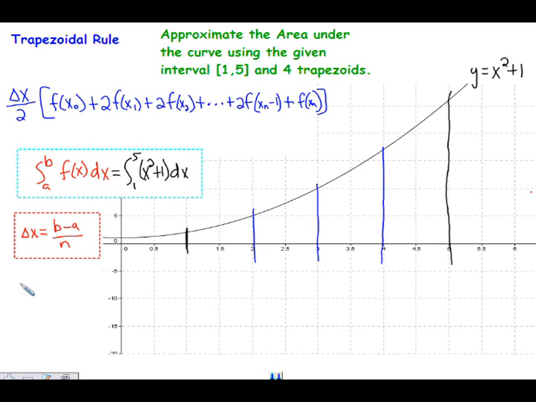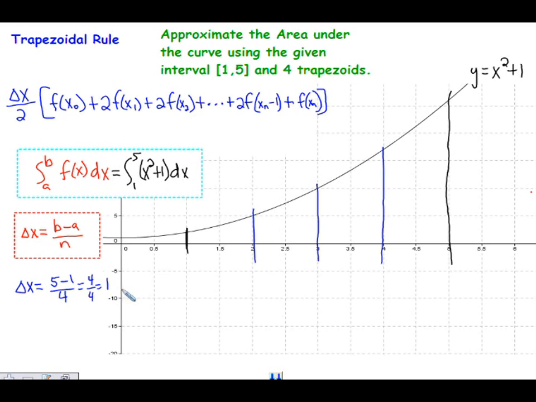Okay, so delta x is going to be 5 minus 1, right? That's b minus a, 5 minus 1, over how many sections? Well, 4 trapezoids, so that's 1, 2, 3, 4 in these 4 locations. So it's going to be 4 over 4. Okay, a lot of times delta x is going to be 1.